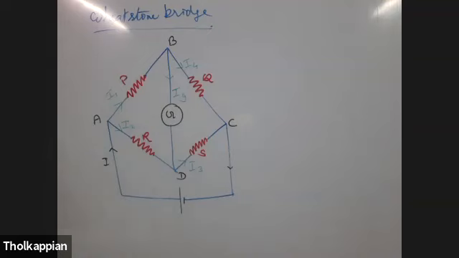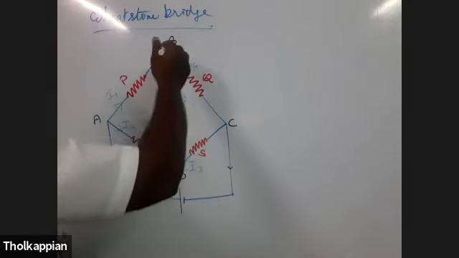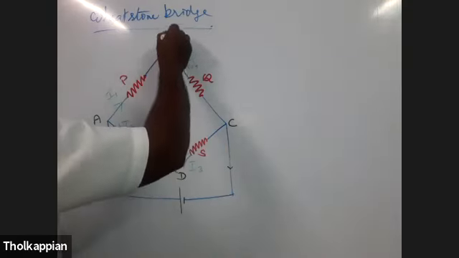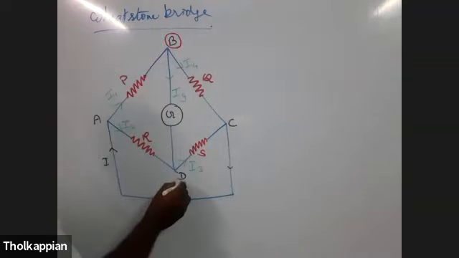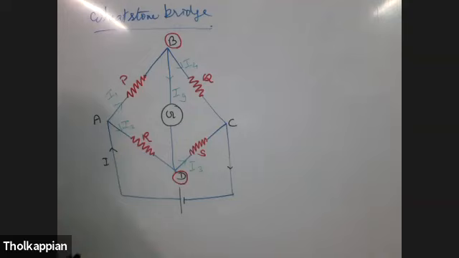First, what is the current at the junction B? You apply the current law at junction B and junction D. First, at junction B, apply the first law, the current law.